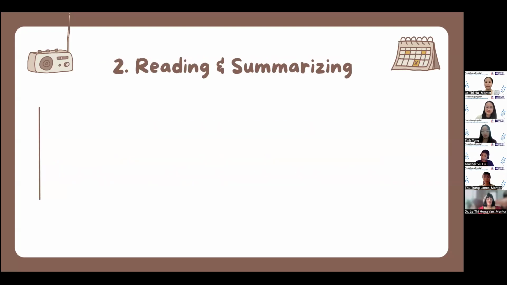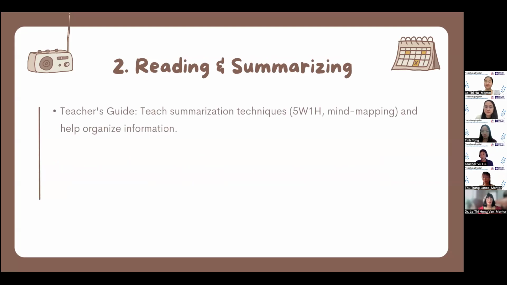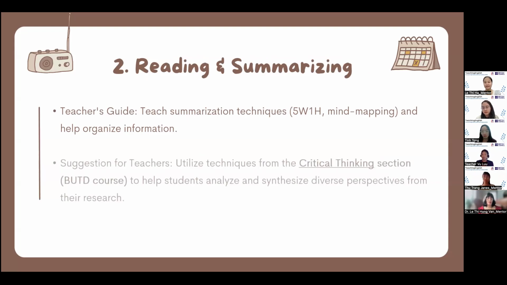Reading and summarizing, right? Students know exactly what they need to do. But what we can do is teach them some summarization techniques like 5W1H and the mind mapping technique, and have them organize the information logically.